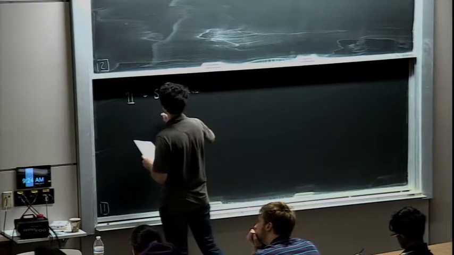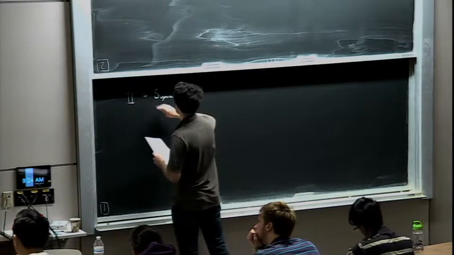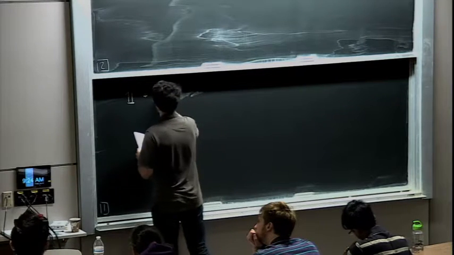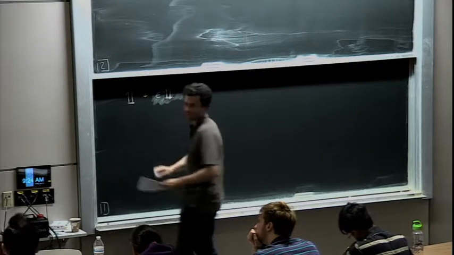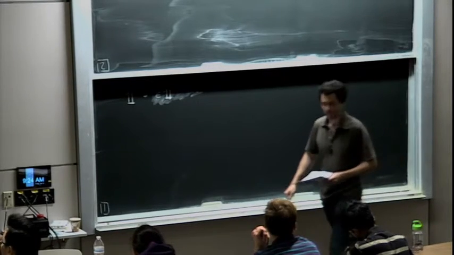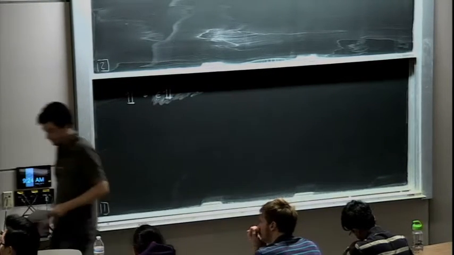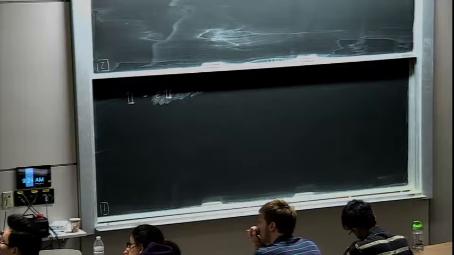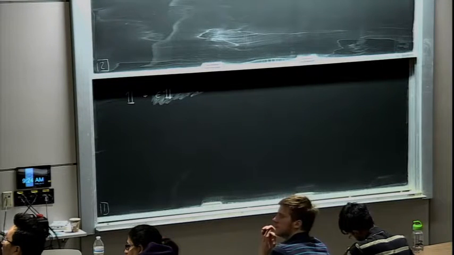So I could think of this as simply 1 plus some transformation times the identity. Am I missing something?